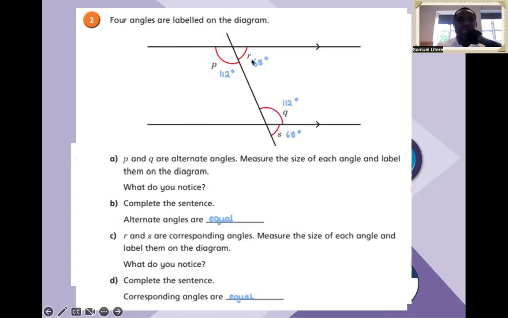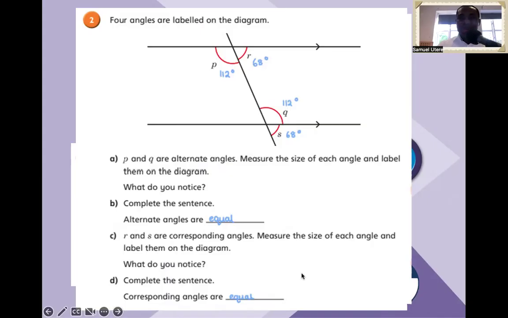Corresponding angles are equal. P and Q are alternate, and R and S are corresponding angles. You can see the answers there. Corresponding angles are equal.